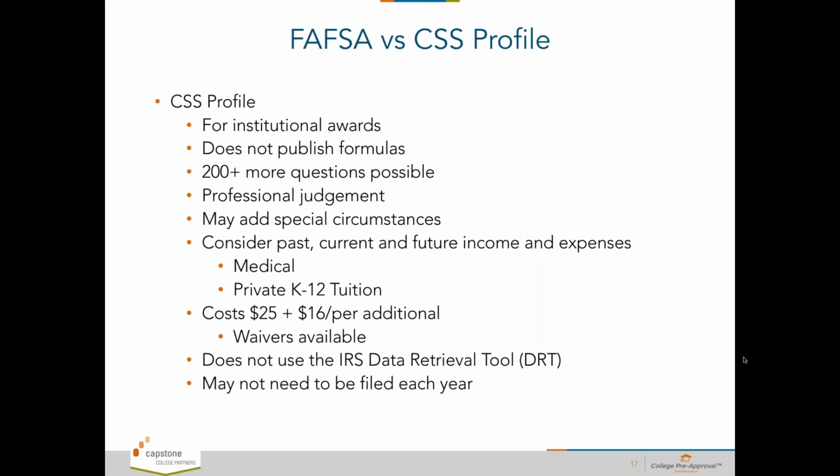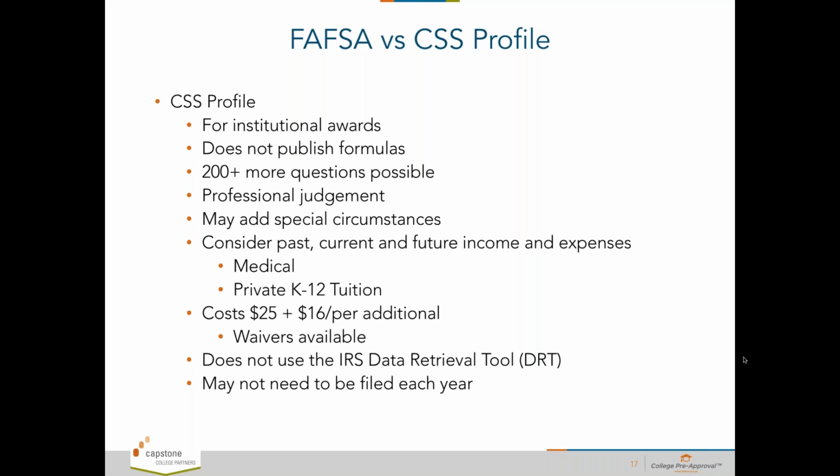Or we've got a significant medical expense that we're dealing with, we're making payments on. The FAFSA form is not going to ask that, but those are things that you can add in on the back end, legitimate financial strain that's on the family that they should know about. I'm caring for a parent full time. Those types of things that are extraordinary, let the schools know, and that professional judgment oftentimes can result in additional financial aid.